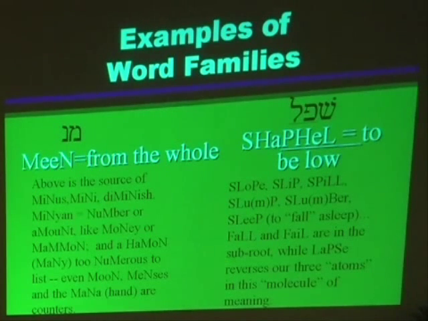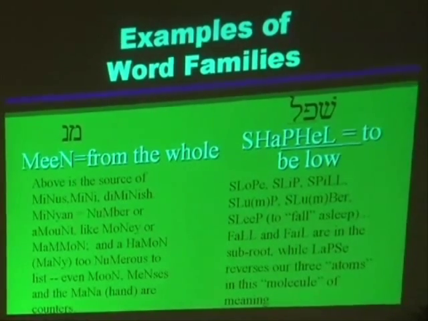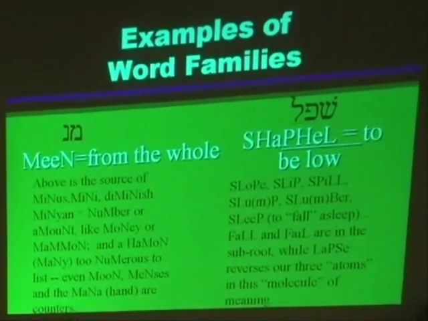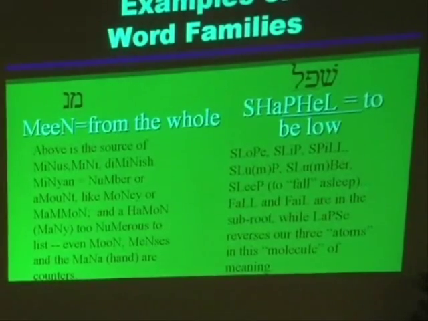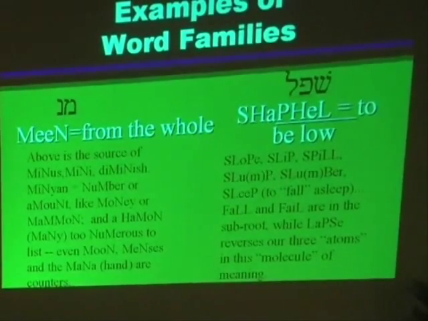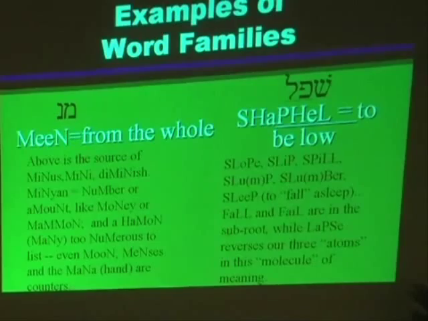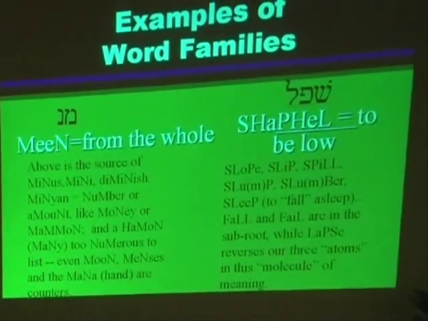You have another example of two letters in Hebrew of min. Look how they appear in English. The minish, mini, number, right? A lot of these words have the same root and somehow similar meanings. Shafel, which means to be low.